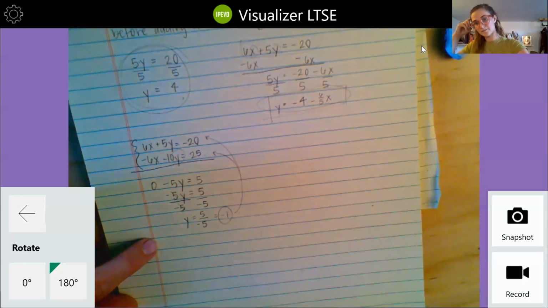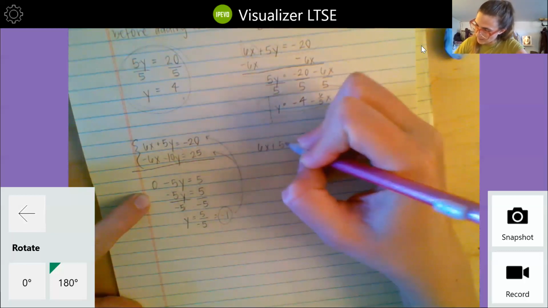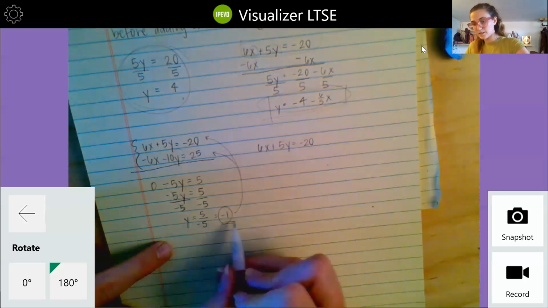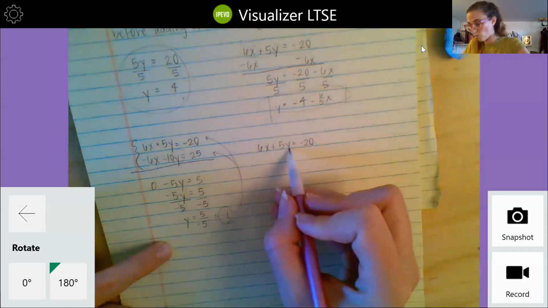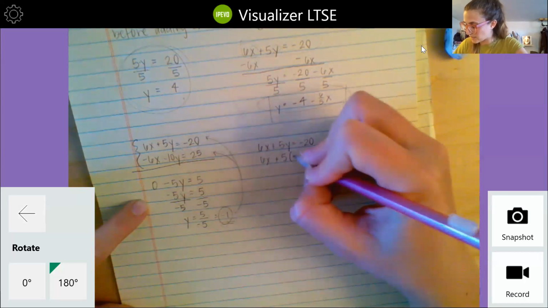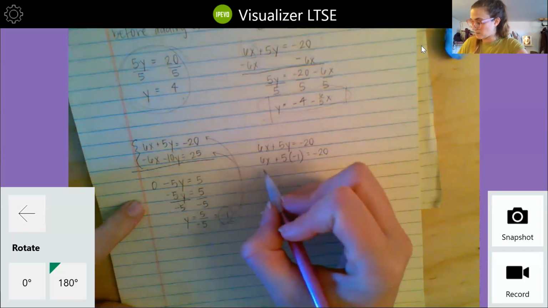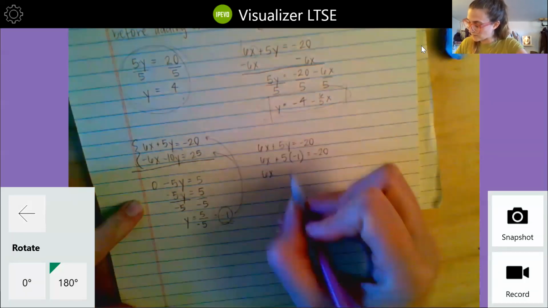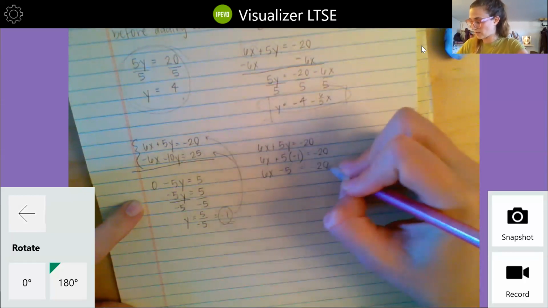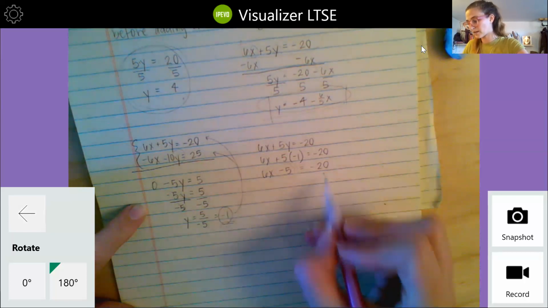and solve for x. So let's use that first equation, 6x plus 5y equals -20. And since I know y is equal to -1, I can plug -1 in here. So now I get 6x plus 5 times -1 equals -20. Now I can simplify. 5 times -1 is -5, so 6x minus 5 equals -20. I'm going to move my -5 over to be with the -20.